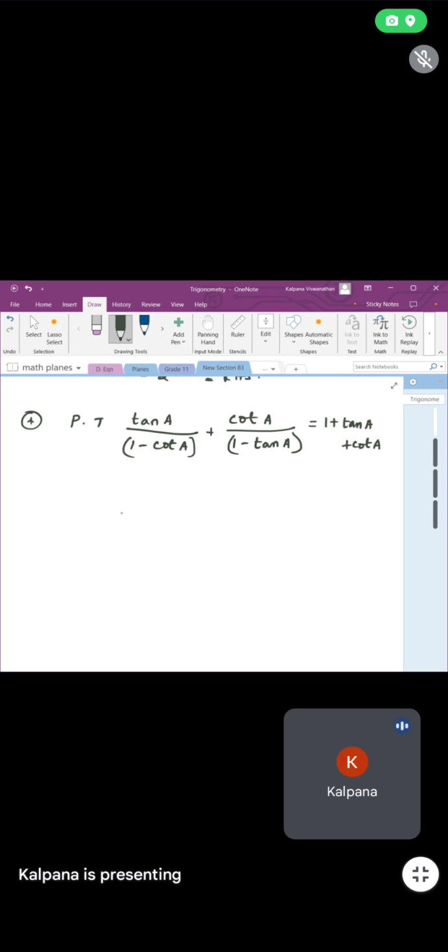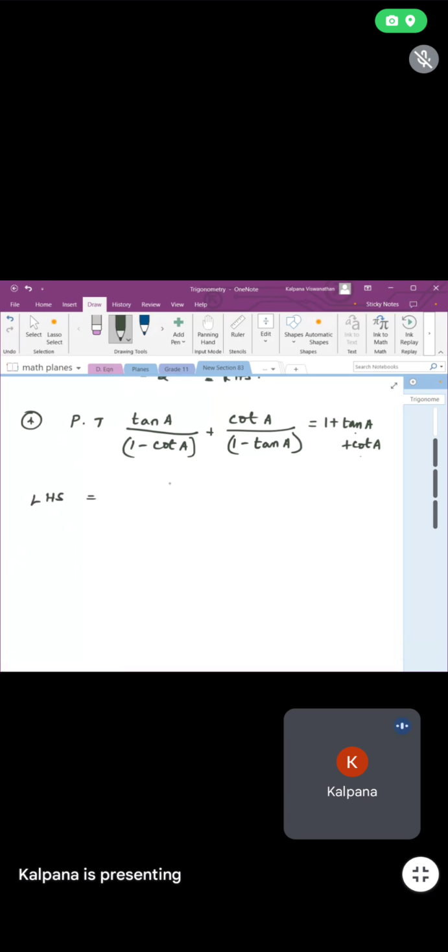You can do it in terms of sine and cos and then do it, but there you will have a few more steps. Here, if we do it directly, it will be simple because your RHS is in terms of tan and cot only. Take your LHS.